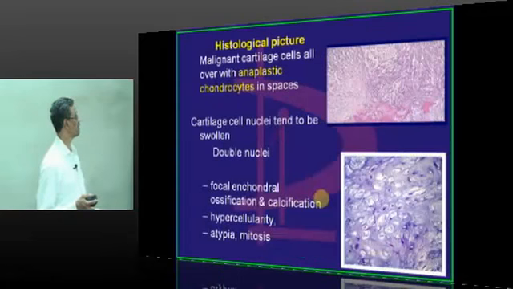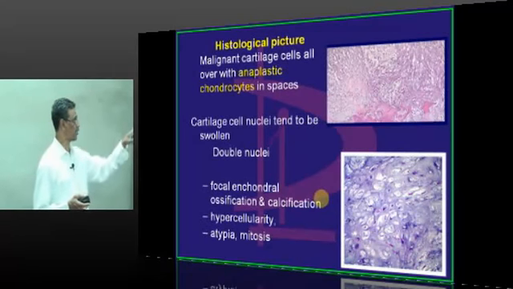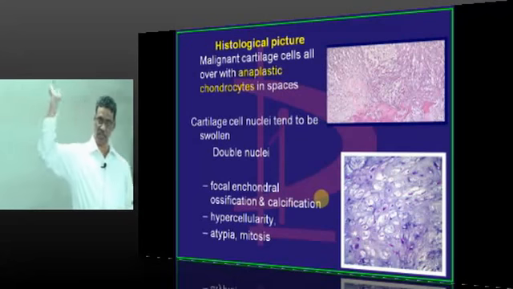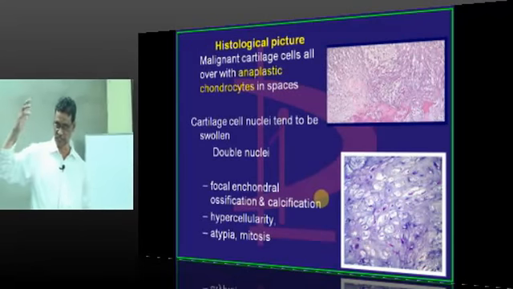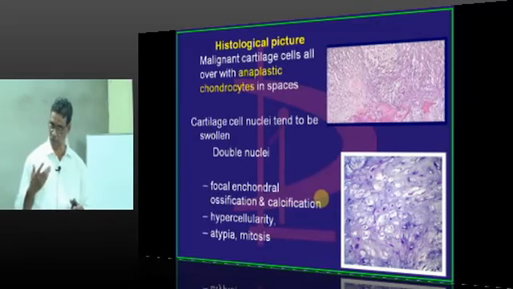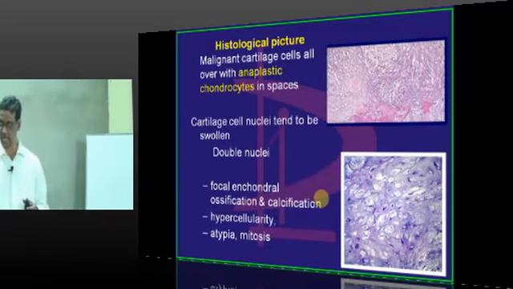The histological picture showing is the typical histological picture. Focally you will see endochondral ossification, just like the normal endochondral ossification, which occurs when the cartilaginous model is being converted into bone, the same stages but in a rapid way.